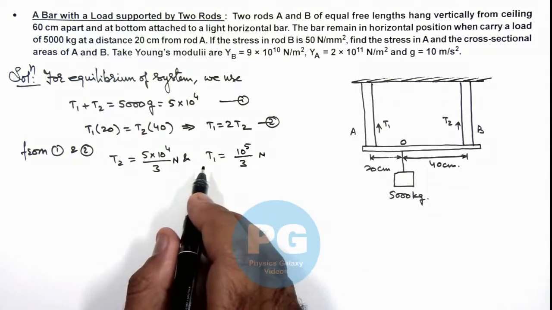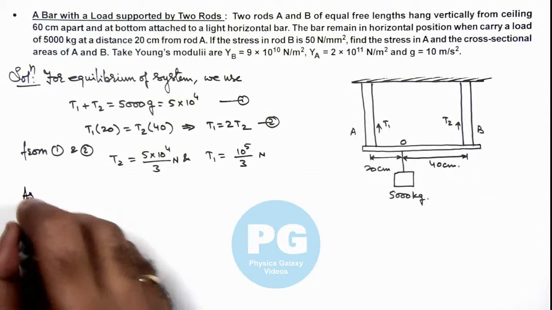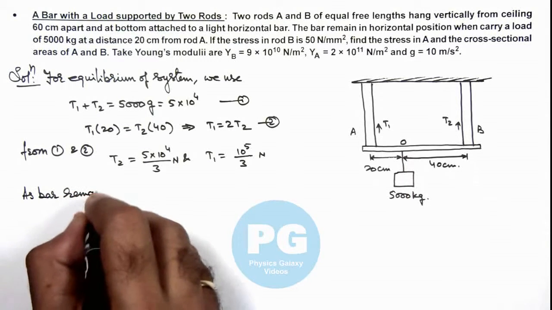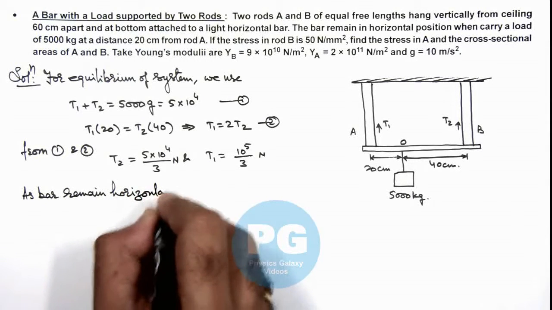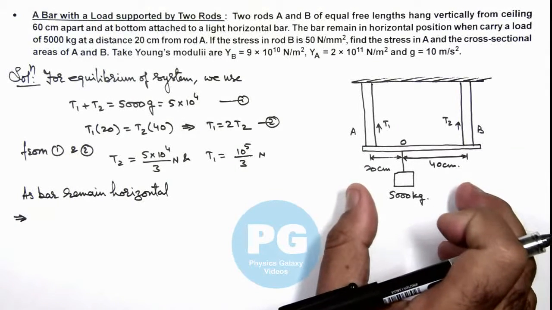And as we are given that the bar remains horizontal, this implies both the rods are elongated by equal lengths.